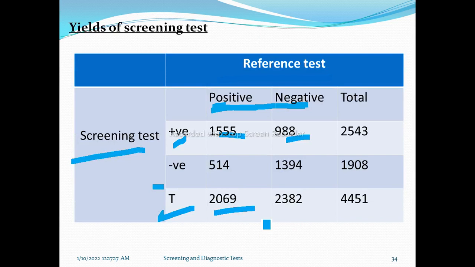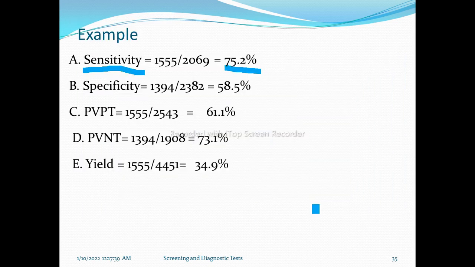Also, this one divided by this one will be the specificity, and it will be 58.5.